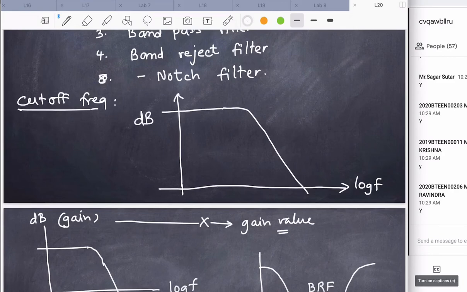Suppose the gain is 0. This particular point is minus 3 dB, and this particular frequency range is called the bandwidth of the filter, and this particular frequency is called the cutoff frequency.